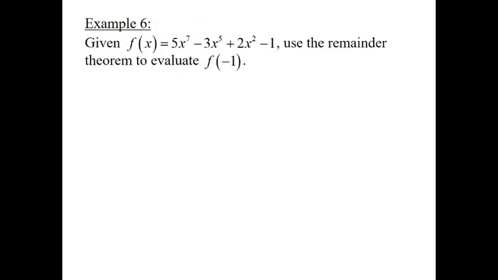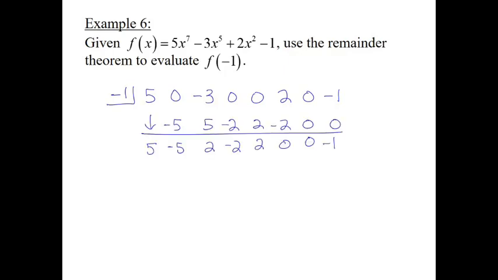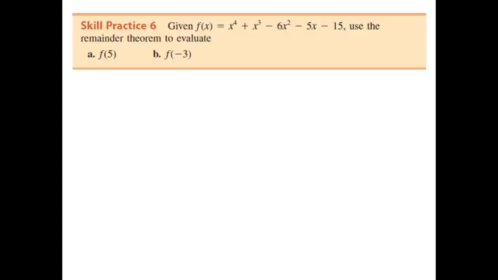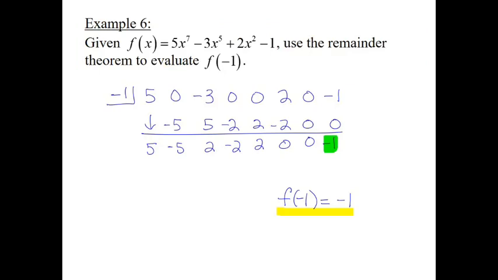So we have this polynomial. We want to know what f of negative 1 is. If we divided this by x plus 1, we would get a remainder of f of negative 1. If we plug negative 1 into the polynomial, let's do that.